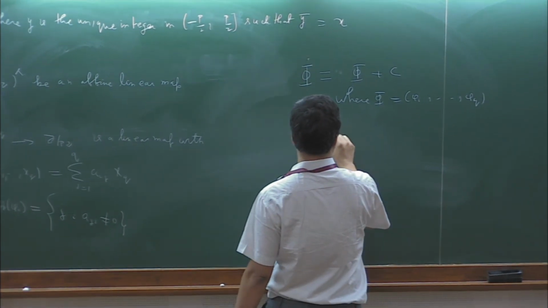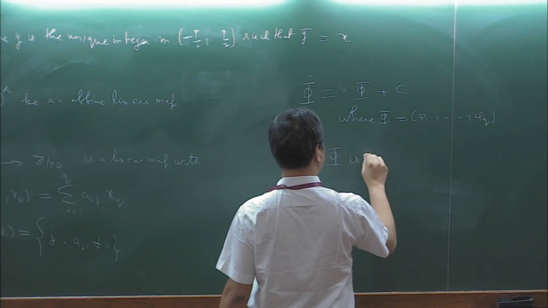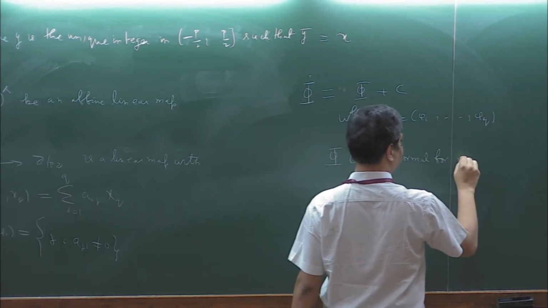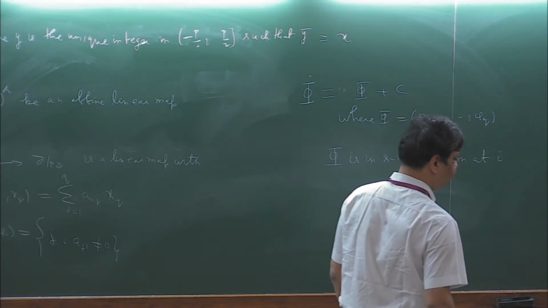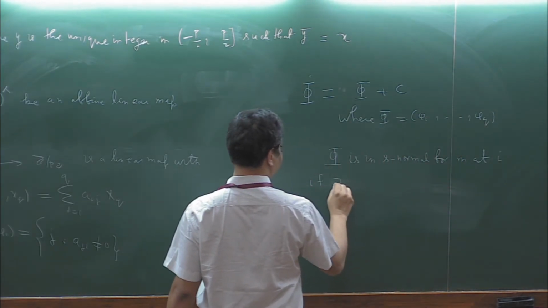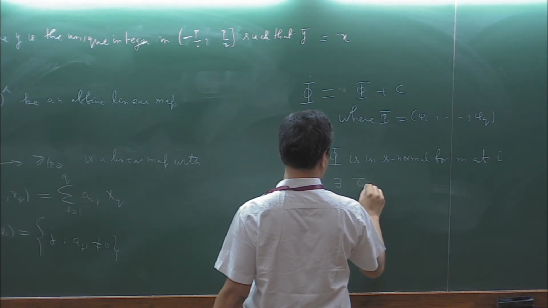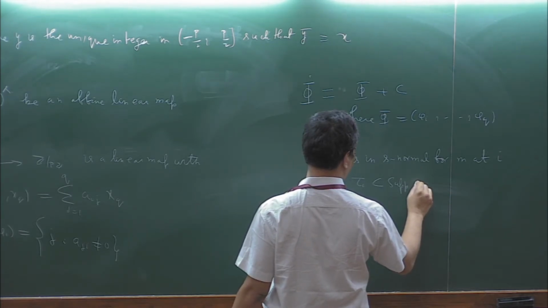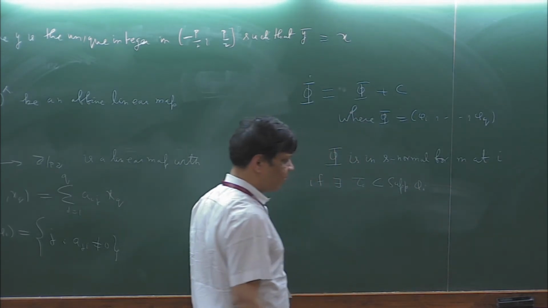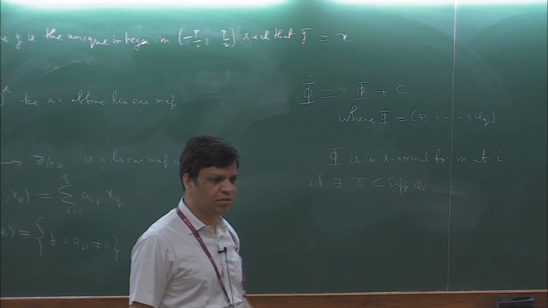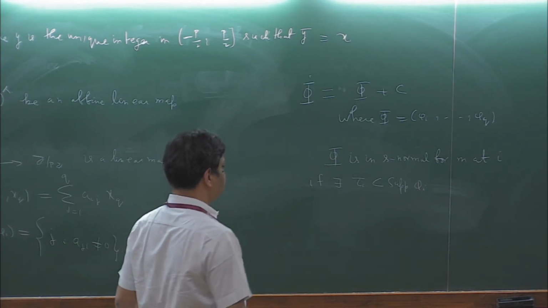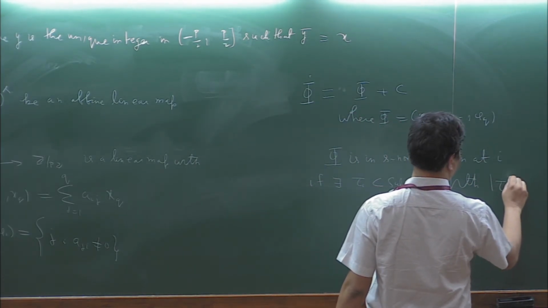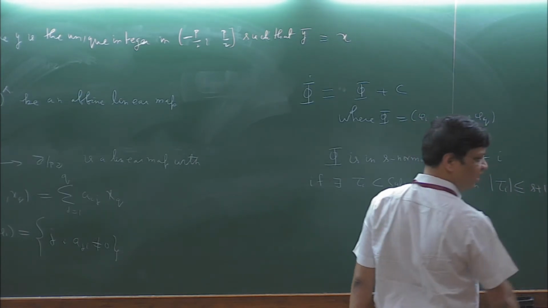We say phi is in S normal form at I if there exists a subset gamma I contained in support of phi I, okay, with the cardinality of gamma I less than or equal to S plus 1.